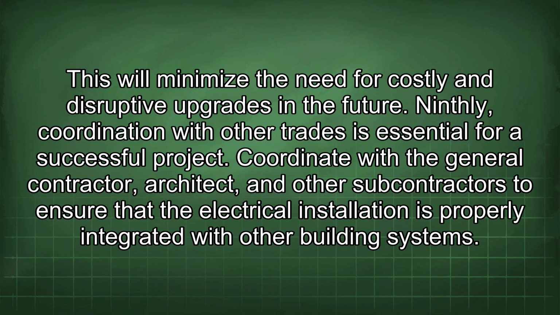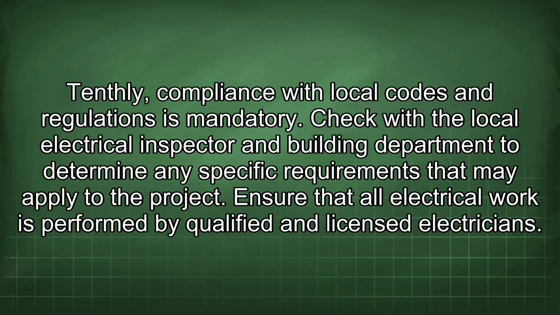Ninthly, coordination with other trades is essential for a successful project. Coordinate with the general contractor, architect, and other subcontractors to ensure that the electrical installation is properly integrated with other building systems. Tenthly, compliance with local codes and regulations is mandatory. Check with the local electrical inspector and building department to determine any specific requirements that may apply to the project.